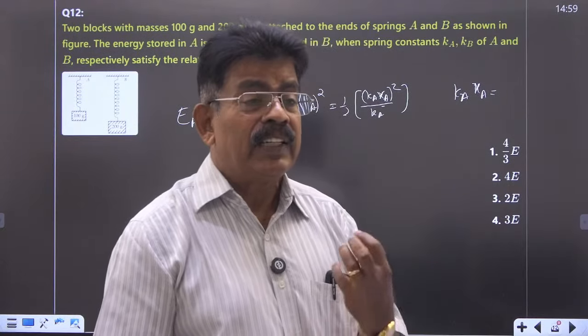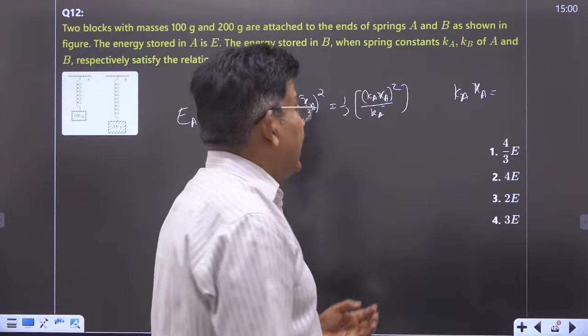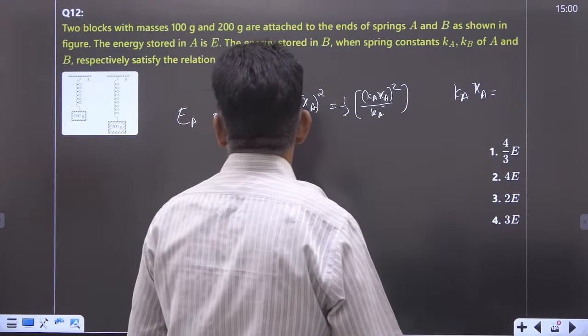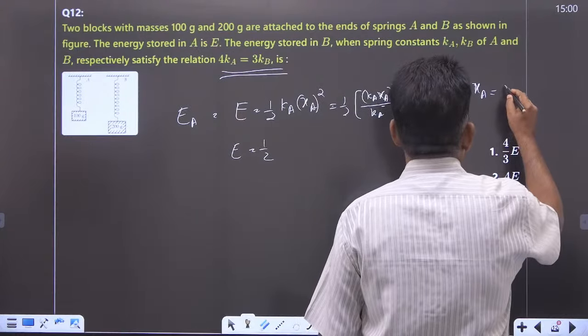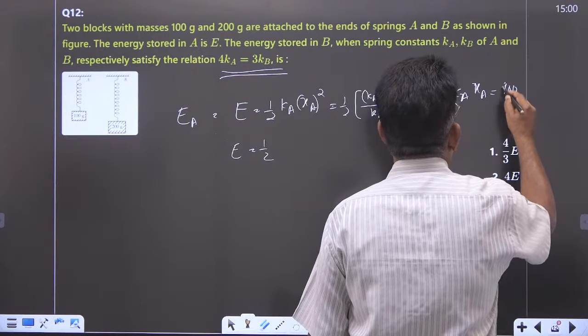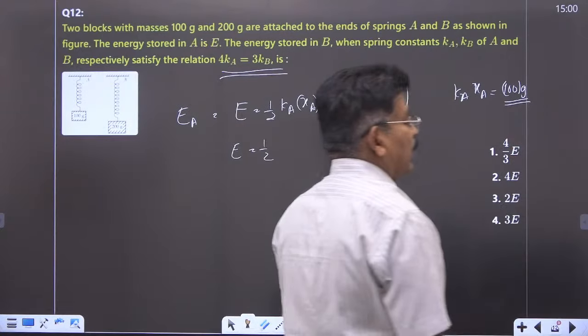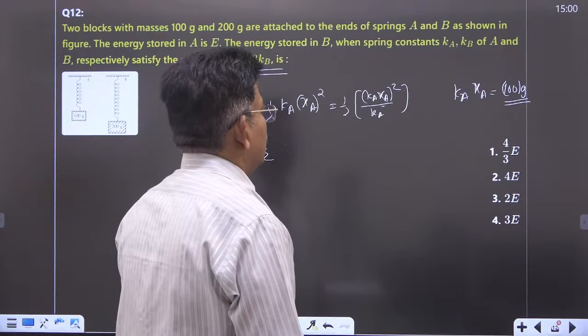K into X is the restoring force. The restoring force is the applied force. Ka Xa is the restoring force developed in A. How much is it? We can write 100 g, g being acceleration due to gravity. It means CGS, no problem. We are going to do 100 g.